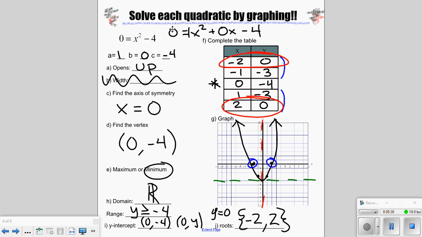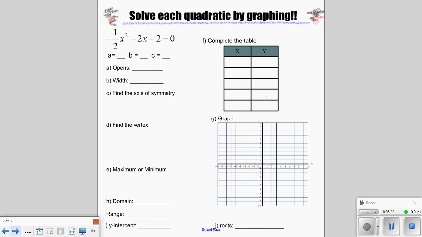We have one more example, very similar to the last one. The first thing I'm going to do is recognize my A, B, and C values. So I have -1/2, -2, and -2. I'm going to graph this on my calculator and look for my vertex.